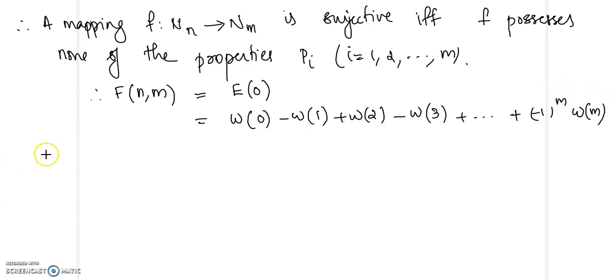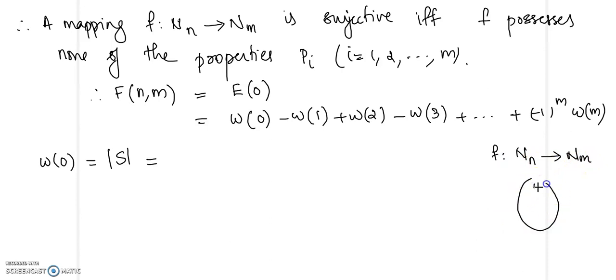Now let us find out the values of omega of 0, omega of 1 up to omega of m. Omega of 0, by definition, is the cardinality of S. So for omega of 0, that will be the cardinality of S. S is the set of all mappings from Nn to Nm.